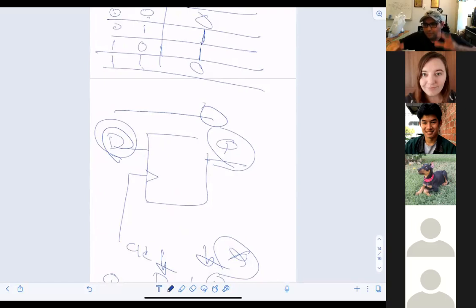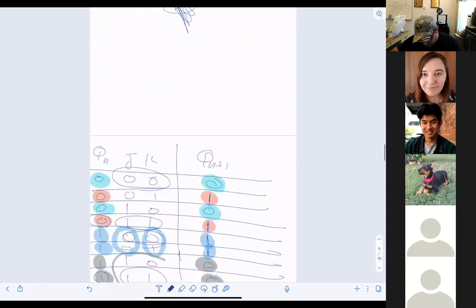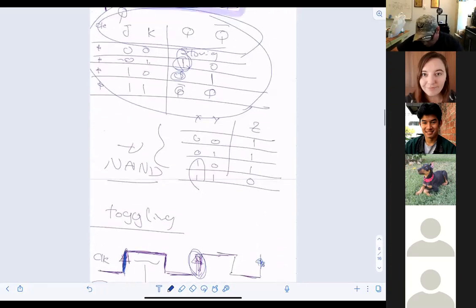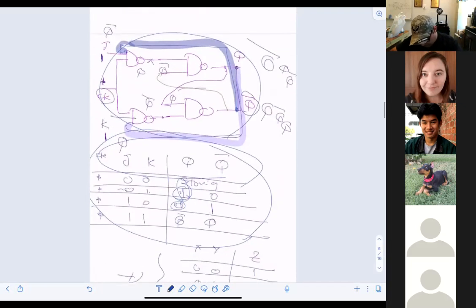T flip-flop is very clear, because it uses 0, 0 and 1, 1, so we don't have any problem. Maybe in the middle I flipped something, which can be a problem, like 0, 1, 1, 0. This needs to be 1, 0 here and 1 here, something like that. We can check here if you want.